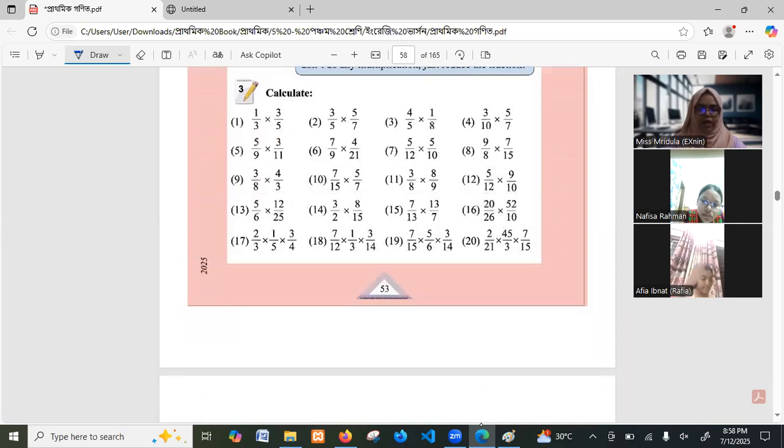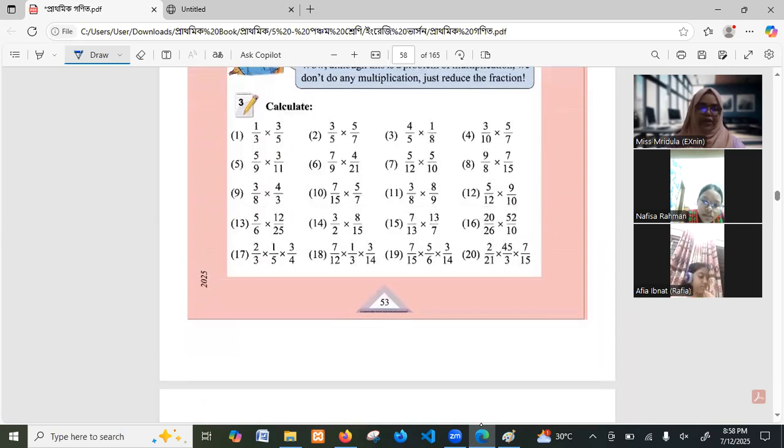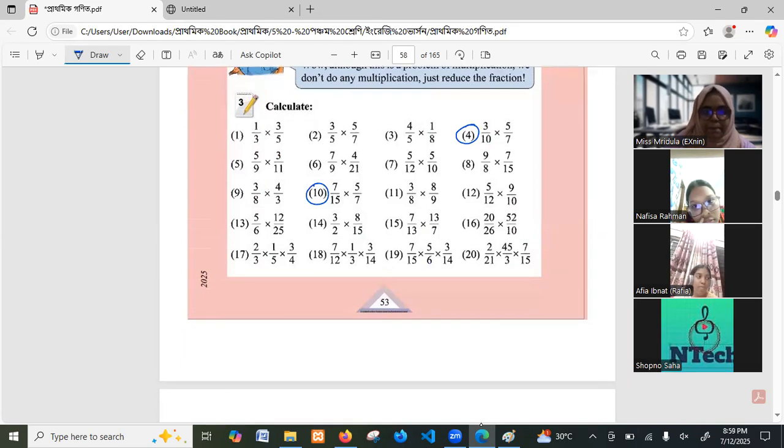So this is all about multiplication of fractions, 2 or more fractions. Okay, so let's do a few maths. One I will be giving only two fractions and one I will be giving from here. So let's do this one, this one, this one, and from here 17, 18, 19.